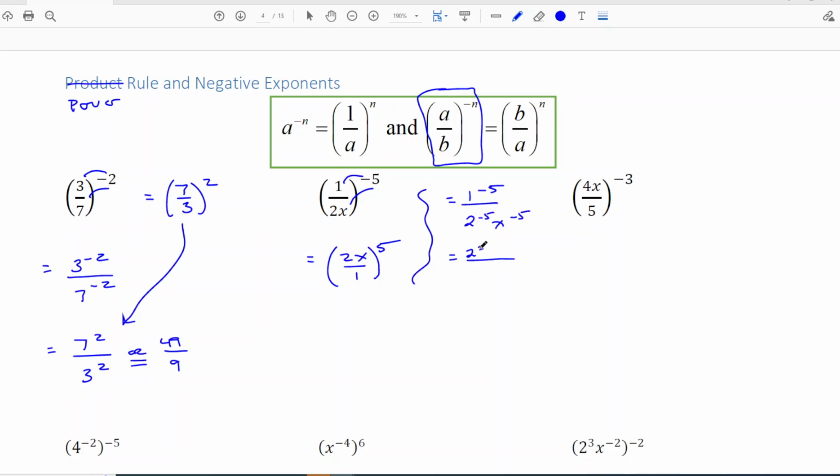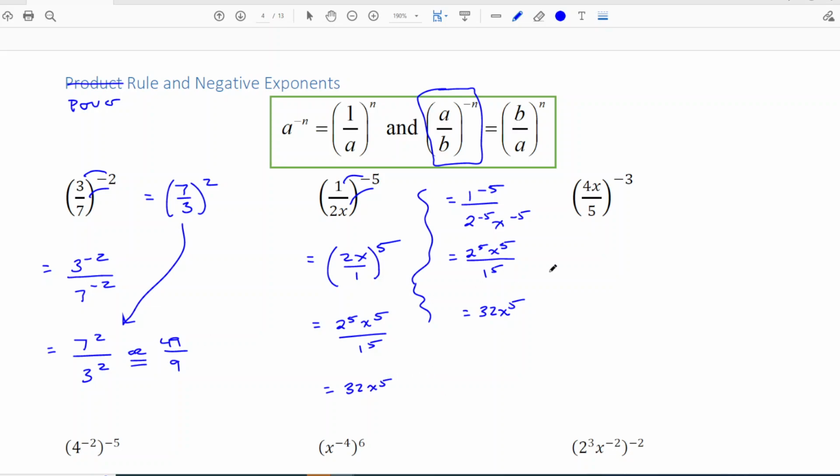So this would be 2 to the 5, x to the 5, 1 to the 5. What is 2 to the 5? 32, I think. Yes. So 32 x to the 5 over 1, which I'd just leave like that. Or if you had flipped it first and made the exponent positive, then I would go 2 to the 5, x to the 5. You don't need to do 1 to the 5 unless you really want to. And again, you get 32x to the 5.